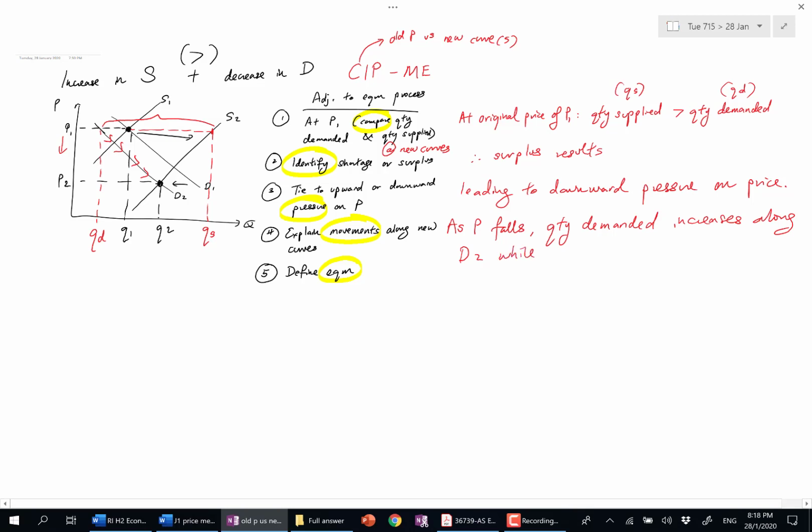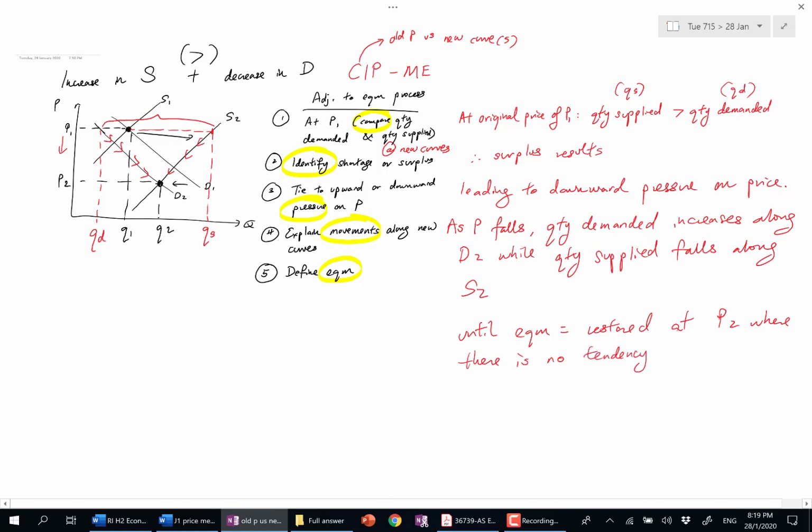While quantity supplied falls along S2. Okay, until equilibrium is restored at P2, you can say at P2 and Q2, that's fine, where there is no tendency for further change, right?